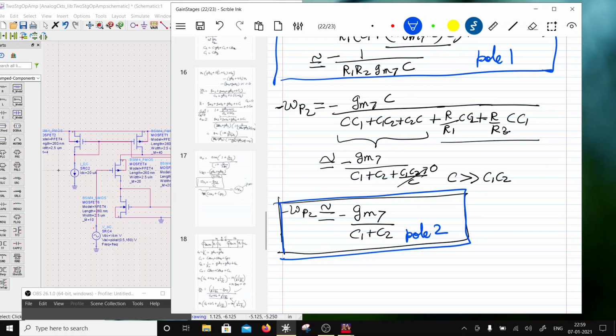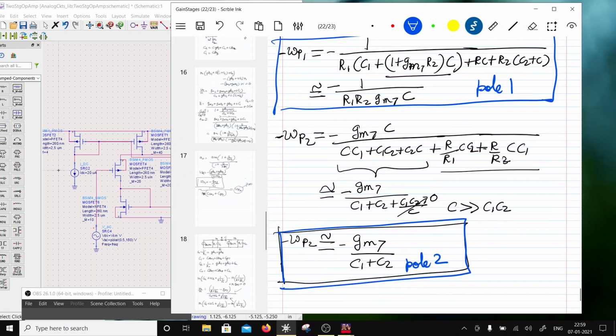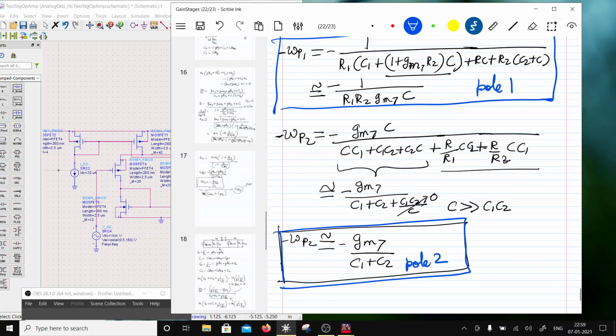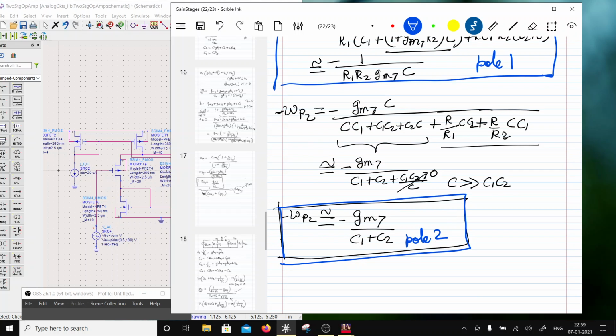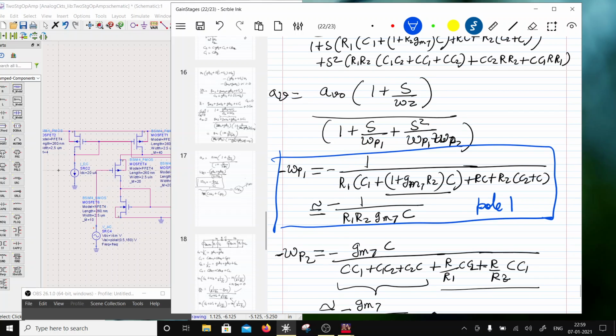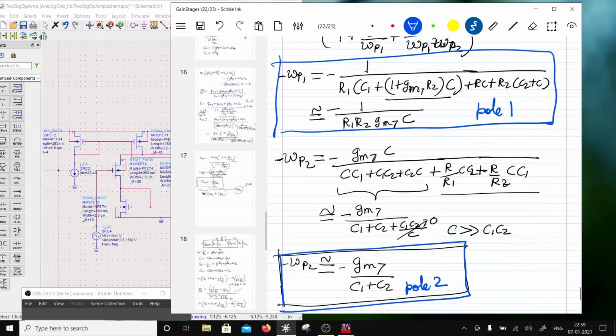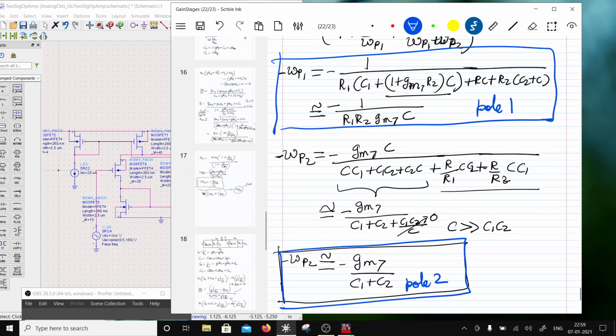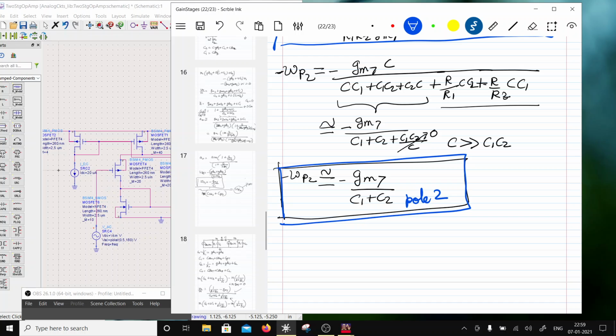Sorry, due to the cyclic multiplication. gm7 C1 C2, yeah, because the output pole is going to be in terms of S only, right? So that's a wrong statement. Okay, anyway, so this will be my second pole.